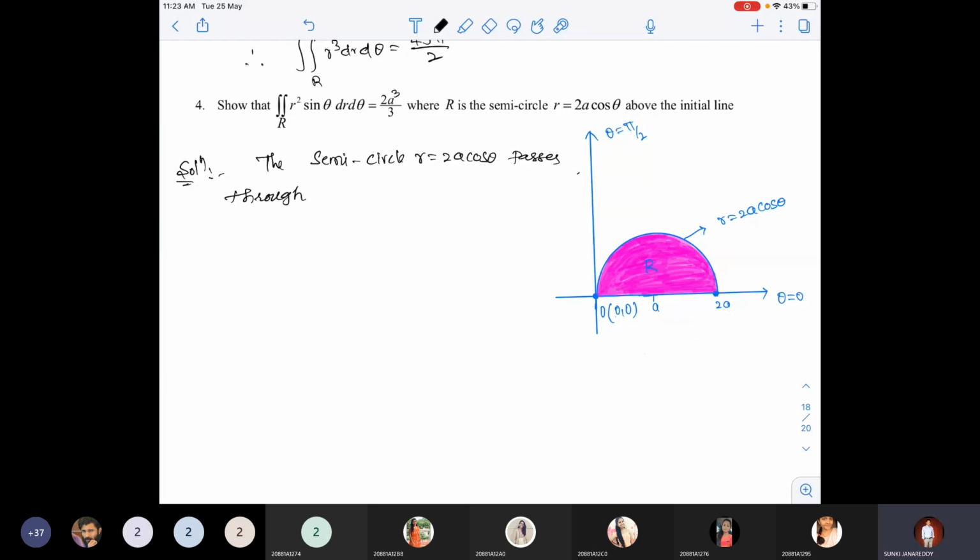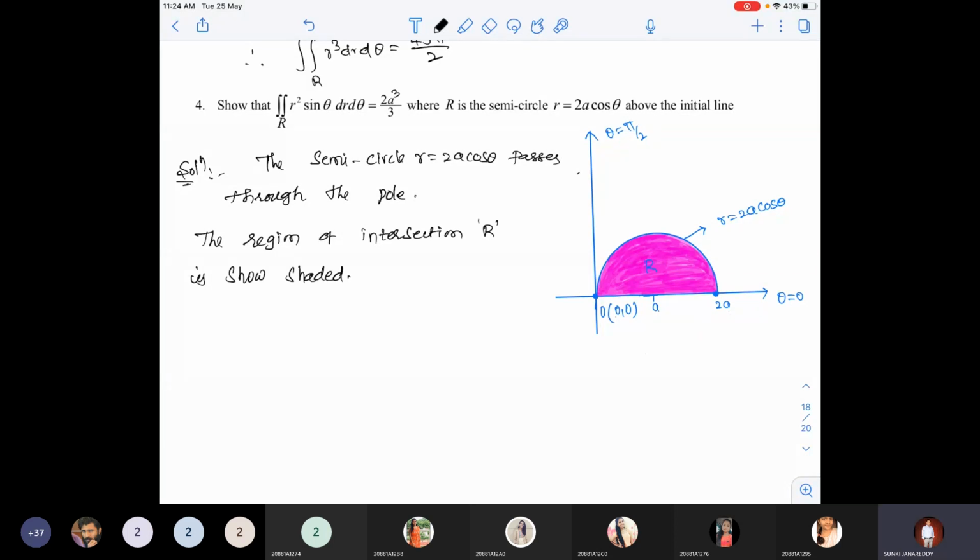Here the region of intersection is capital R. It is shaded. Okay, that is the shaded region. You can see the pink color shaded one.